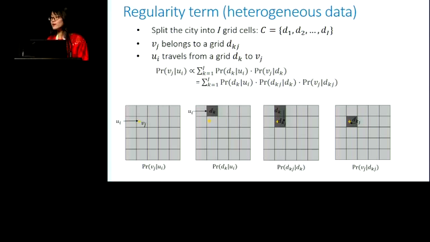Intuitively, the probability that user U_i will visit V_j is determined by 3 factors. The first one is the probability that user U_i is located in D_k now. The second one is the transition probability from grid D_k to D_kj, where the venue V_j is located. The third one is the probability of users visiting V_j when they are in D_kj.